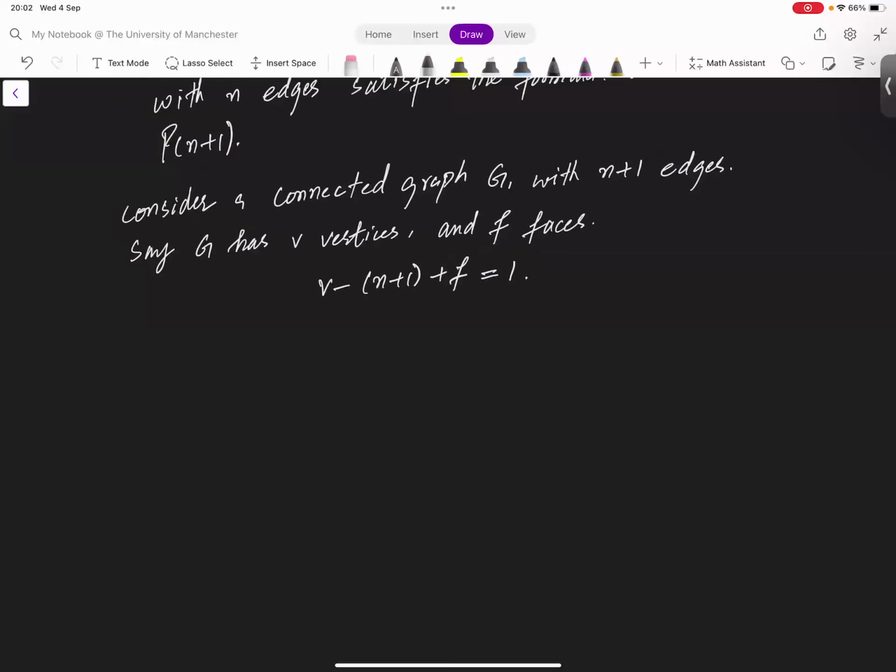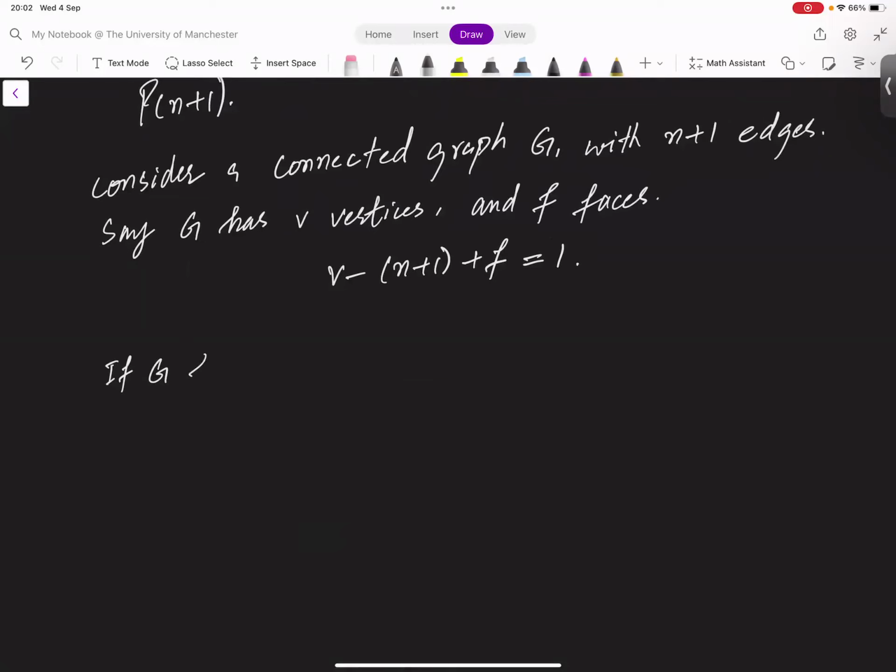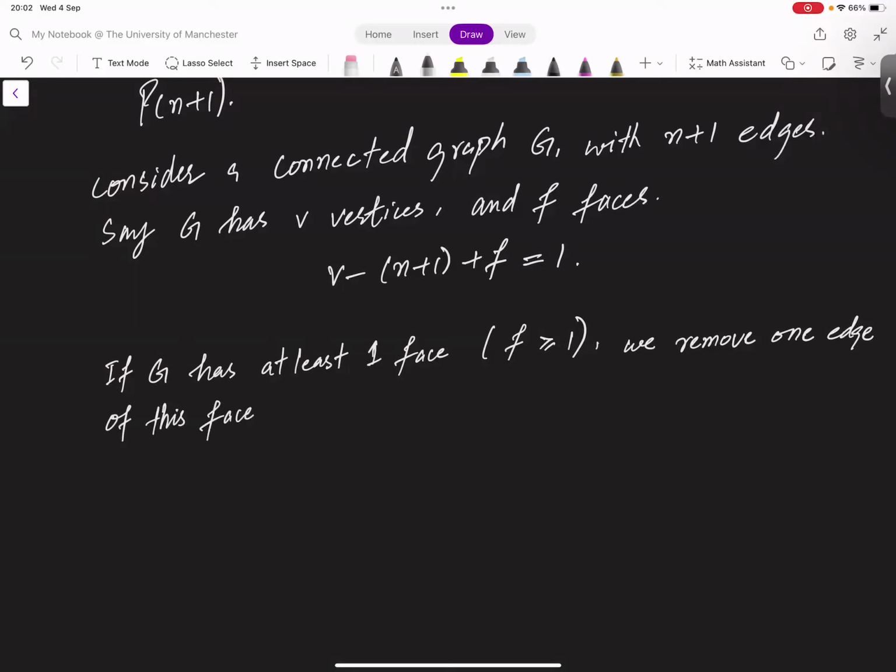Now say if G has at least one face, i.e. F is greater than or equal to 1, we remove one edge of this face.